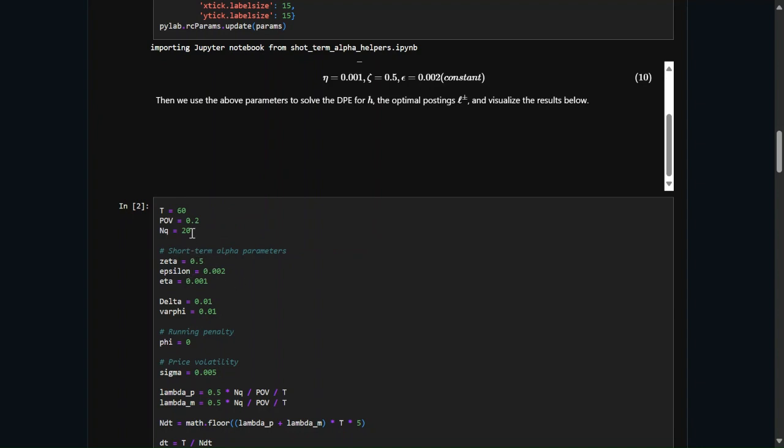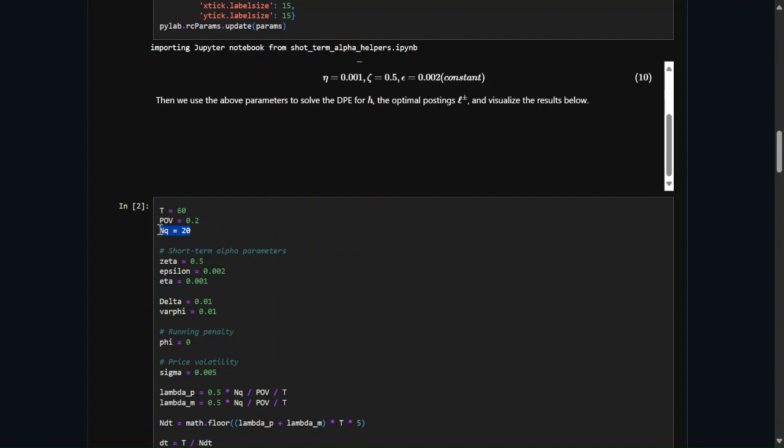So we've got the time big T, that's 60 seconds. Now in a really liquid market, that could be anything down to 5 seconds. And then we've got the POV, which is the volume of the market. Here it's saying we're 20% of the percentage of volume, which is unrealistic. That means we're really big.